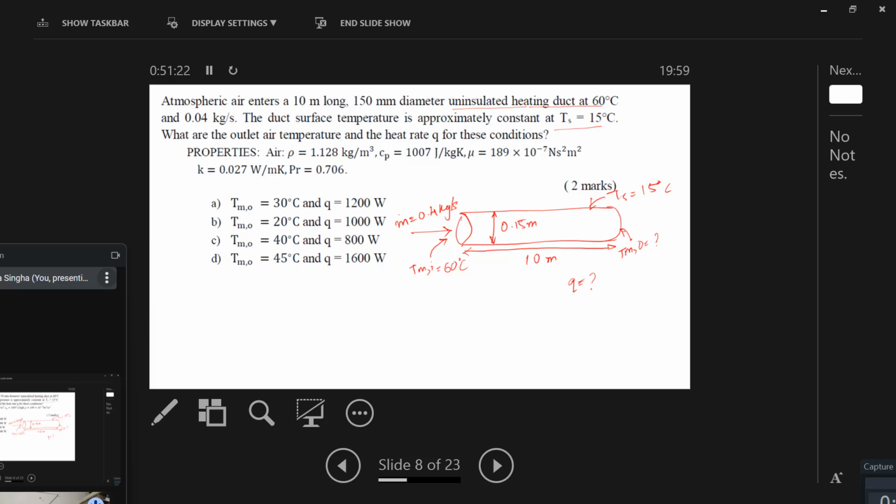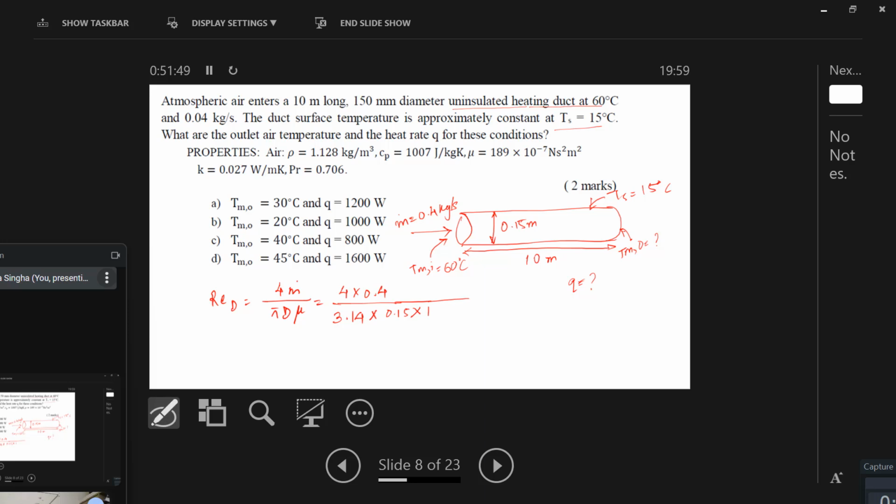So no correlation is given for this. So directly we'll find out what is the Reynolds number. First step, Re = 4m by pi d mu. 4 into 0.4, 3.14 into diameter, which is 0.15, into mu.